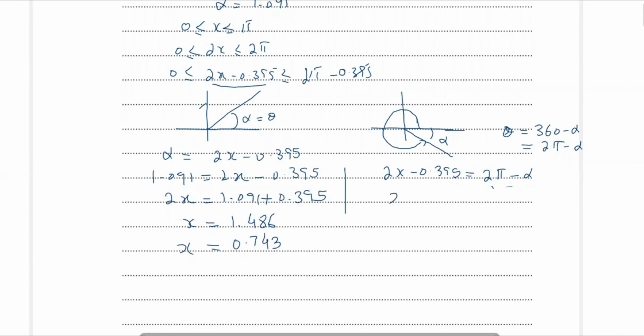Now we can write 2x minus 0.395 equal to 2 pi minus 1.091. 2 pi minus 1.091 is equal to 5.192, so 2x minus 0.395 is 5.192, and 2x will be equal to 5.192 plus 0.395, that value becomes 5.587, then x will be equal to 2.794, and this is the answer.